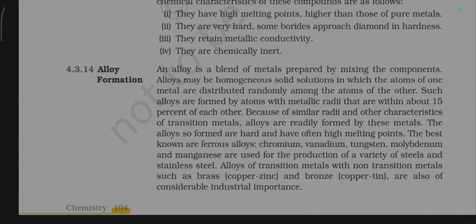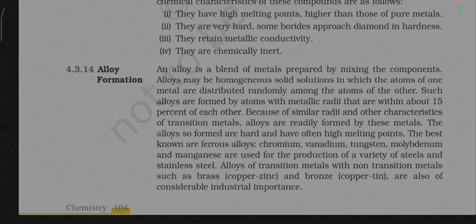Alloy formation. An alloy is a blend of metals prepared by mixing the components. Alloys may be homogeneous solid solutions in which the atoms of one metal are distributed randomly among the atoms of the other. Such alloys are formed by atoms with metallic radii that are within about 15% of each other. Because of similar radii and other characteristics of transition metals, alloys are readily formed by these metals.